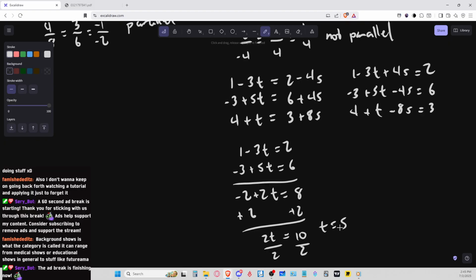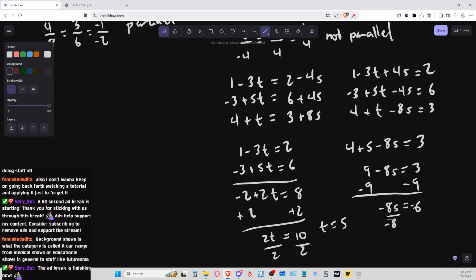So t is equal to 5, so let's see if it works out. In this case, if t is equal to 5, then we're left with 9 minus, that leaves us with 6, -6 actually. And s is equal to 3/4.